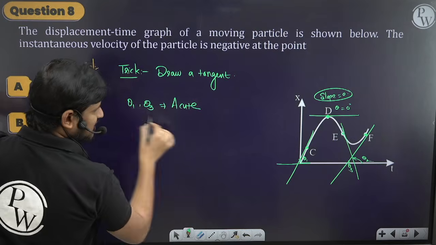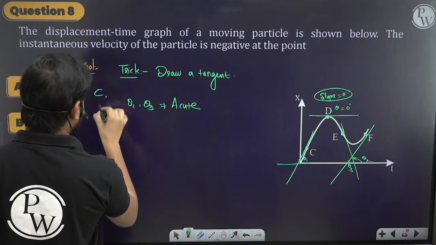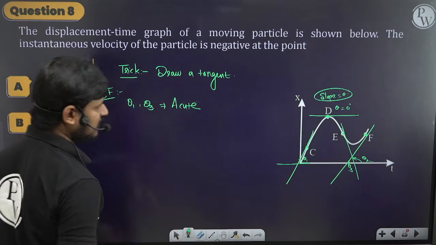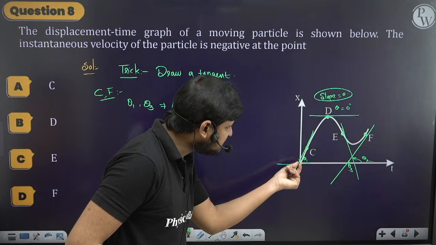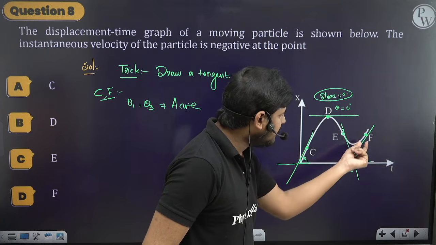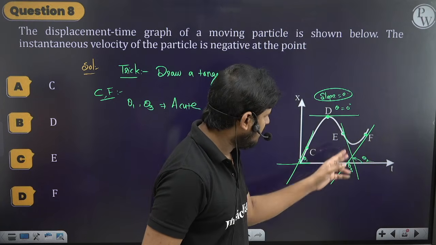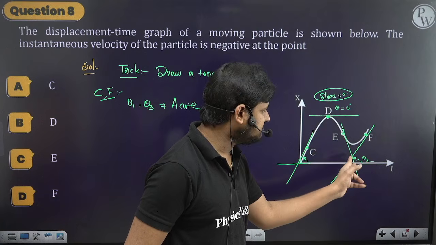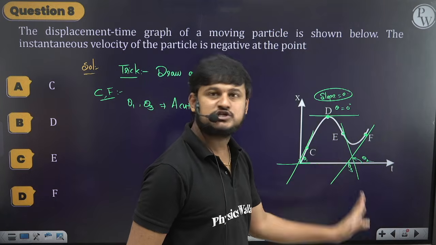These are at what points? Theta 1 for C and theta 3 for F. Understand properly. At theta 1, if you draw the tangent, it makes an acute angle with respect to the x-axis. At point F, again it makes an acute angle. But at point E, it makes an obtuse angle with respect to the positive x-axis.